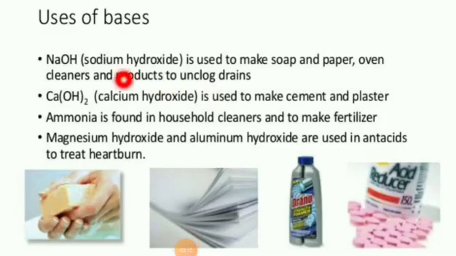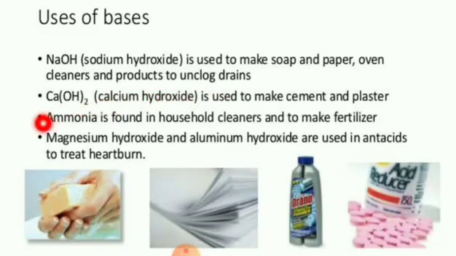NaOH, that is sodium hydroxide. Sodium hydroxide's molecular formula is what? NaOH. Students, see the molecular formula. The formula has the hydroxide ion, OH. So is this base or acid? Yes, base. Sodium hydroxide is used to make soap and paper, oven cleaner and products to unclog drains.